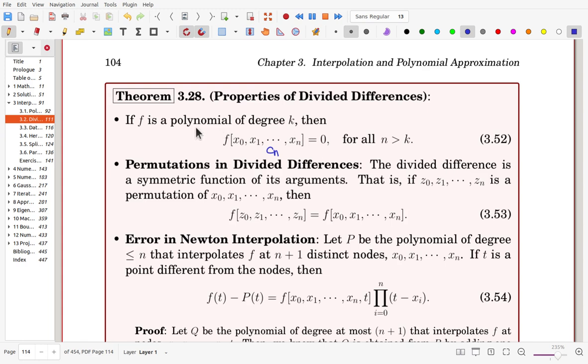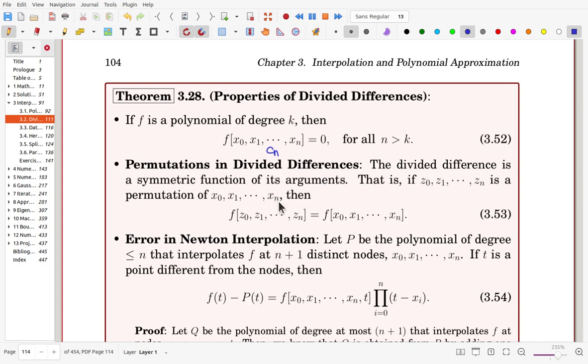Originally the function f is a polynomial of degree k, and n is larger than k, so the coefficient must be 0. Mathematically, we can prove that.